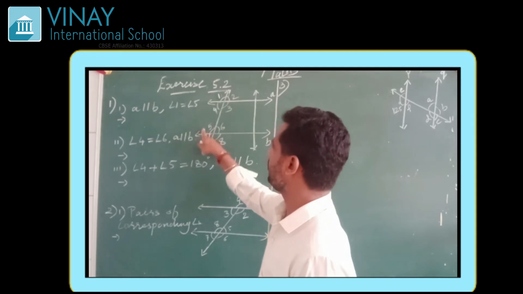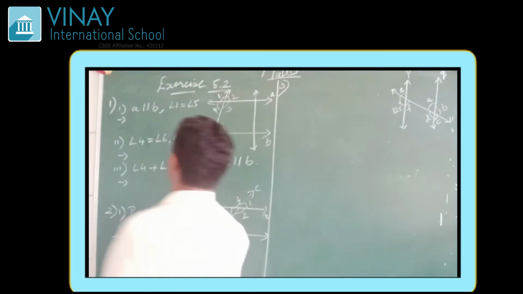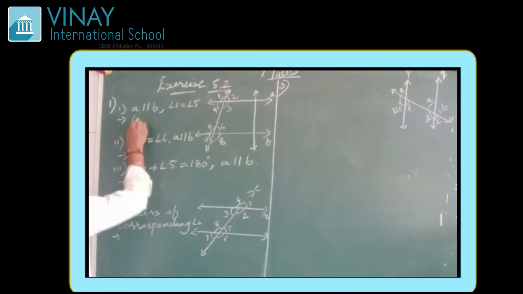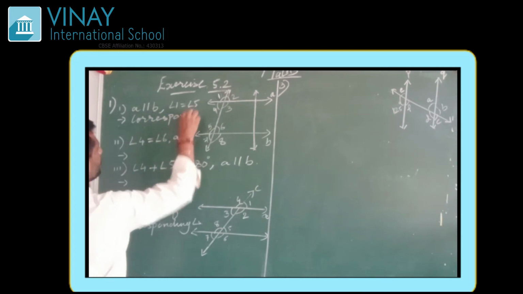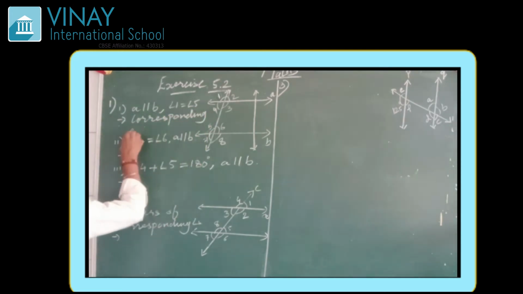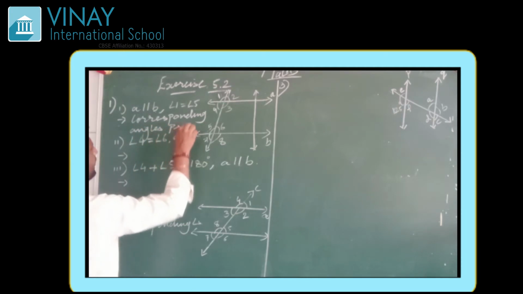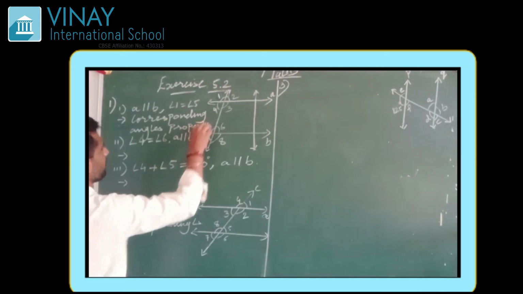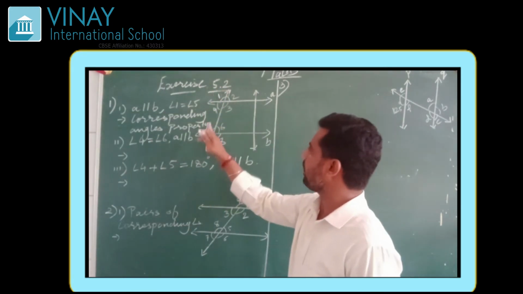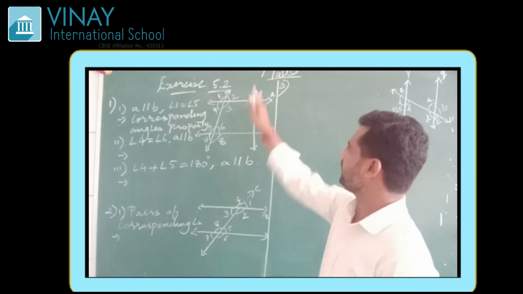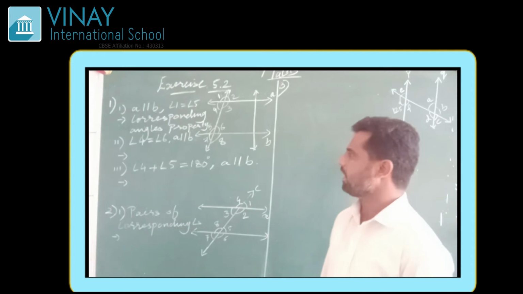We know that angle 1 and angle 5 are corresponding angles, and so this is the corresponding angles property. This is the corresponding angle property because angle 1 and angle 5 are corresponding angles, and we know that if two lines are parallel then their corresponding angles are equal.